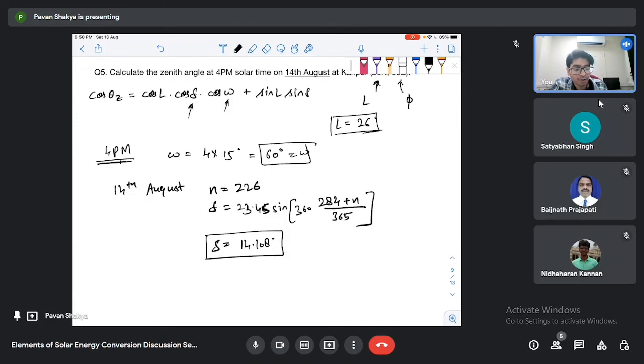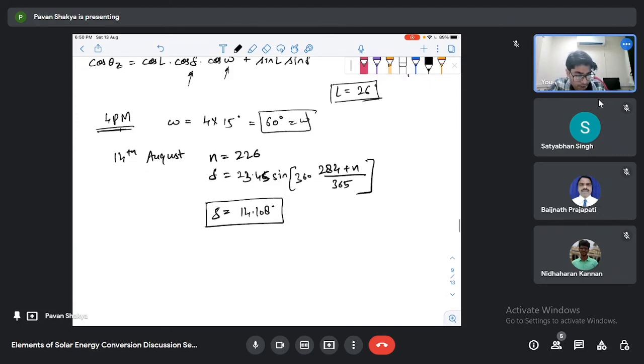So now you can easily calculate it. cos theta z will be cos of latitude, that is 26 degree, multiplied by cos of declination angle, that is 14.108 degree, multiplied with cos of hour angle, that is 60 degree, plus sine of latitude multiplied with sine of declination angle.